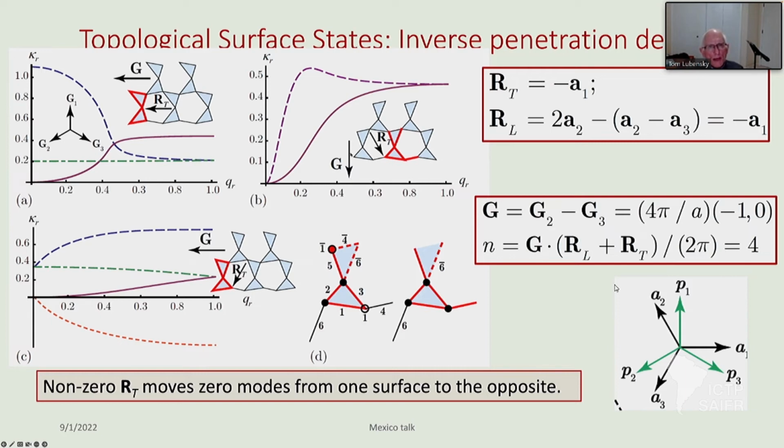Okay, so this one now, the G is pointing downward. RT points in this direction. And this one really is the classical case. You only have two solutions, two of these. So I have two different KRs versus QR. So there are two, and both of them, well, no, the dotted line here means that it's on the opposite side.